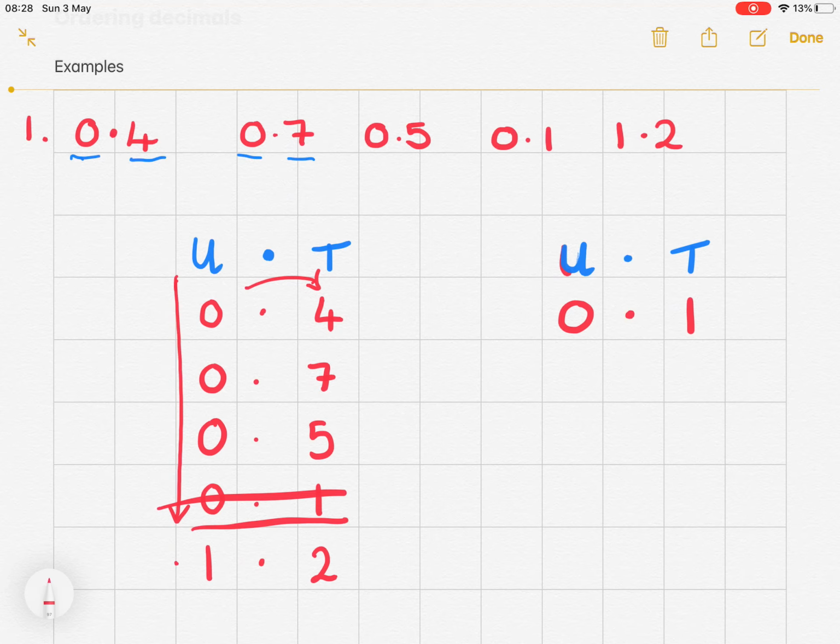I don't need to worry about that because it's too big. So I move over to the next column and I look for the smallest number. 4, 7, 5. The smallest number there's 4. So that's my next number, 0.4. Same again. I'm not bothered about that just now. What's smaller? 7 or 5? 5.